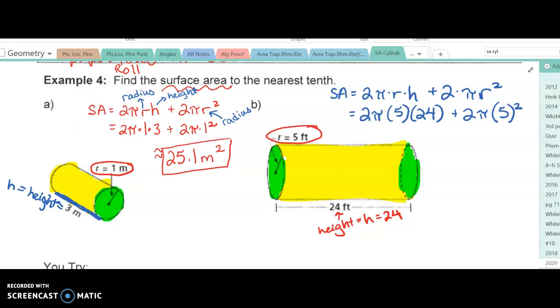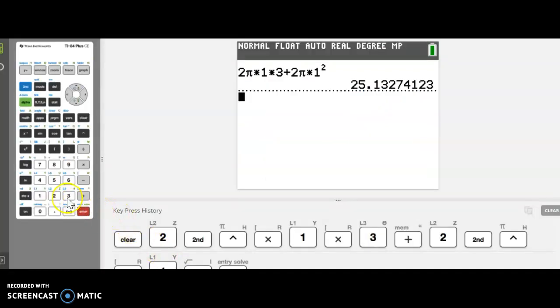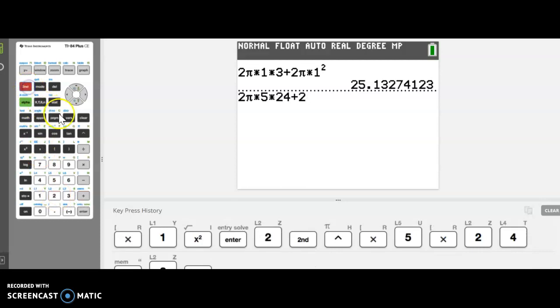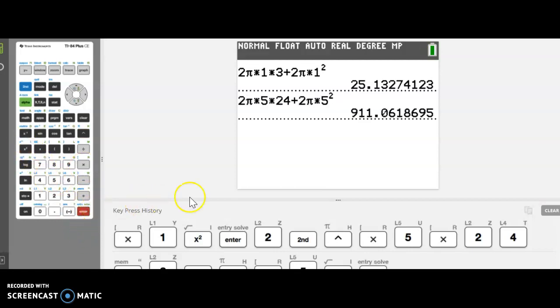Back to the calculator. 2 times pi, remember the pi button is second and that arrow key, times 5 times 24 plus 2 pi times 5 squared, comes out to be 911.1, rounding up since 6 is greater than 5.